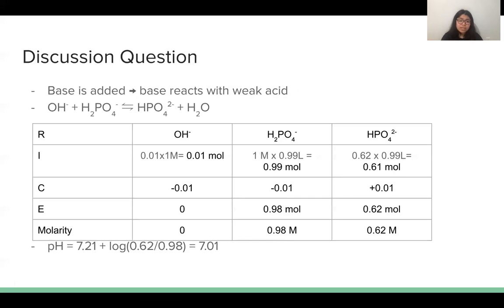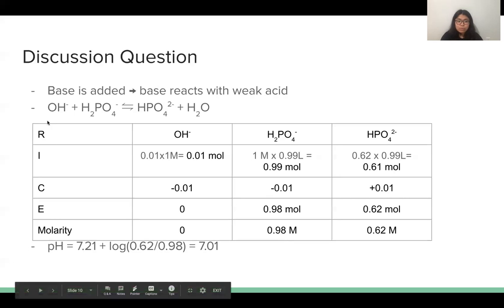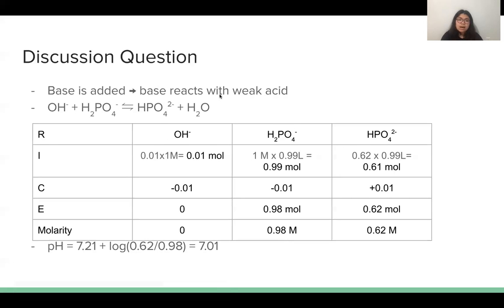If we were to repeat that with a base added, we repeat the same logic, but now we have to remember a base is added. If a base is added, the base reacts with our weak acid. That gives us this reaction, and if we fill that into our RICE table, it would be as follows. Another important thing to note here is that we're not going to look at H2O, because H2O is a liquid and it's not aqueous like the rest of this, so it's not involved in our reaction.